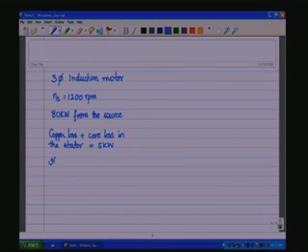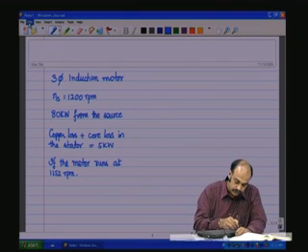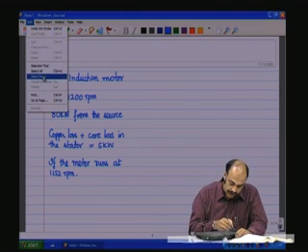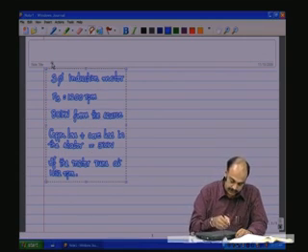So if the motor runs at 1152 revolutions per minute, then let us try to find the power flow for such a motor. So let us first make a calculation, so that we have an idea of what we are doing.